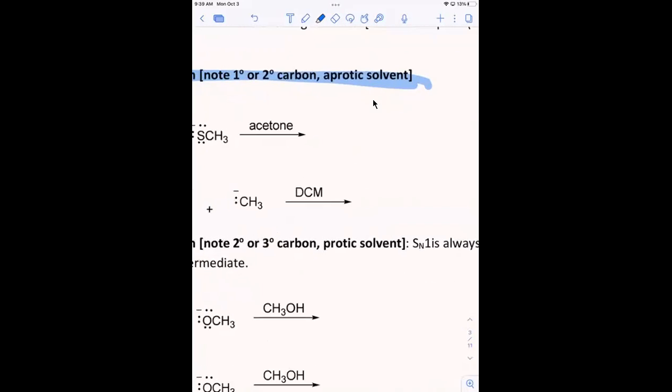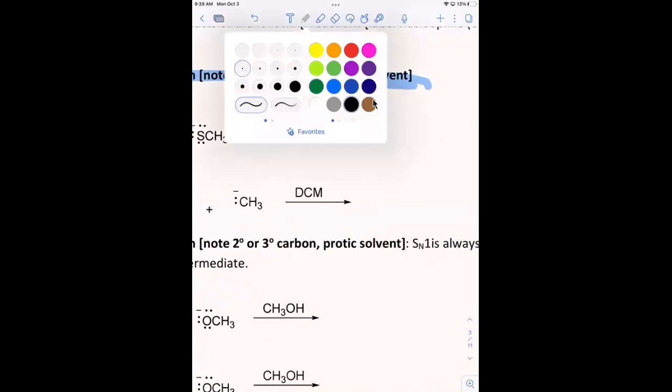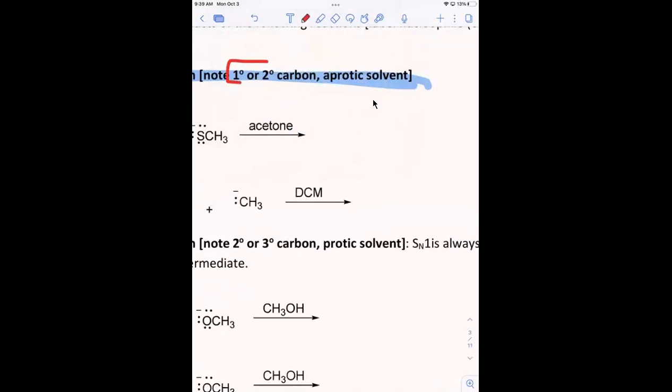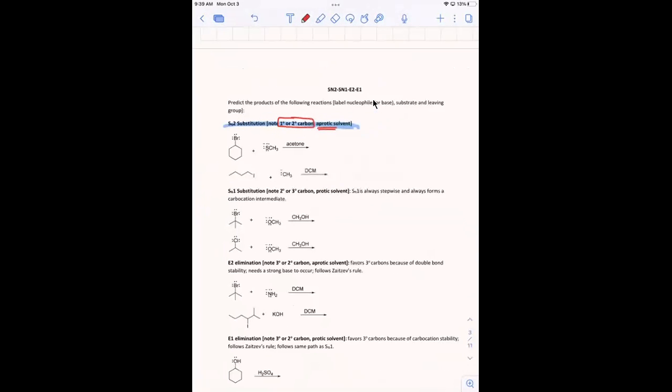This is very important: it's on a primary or a secondary carbon, and the solvent has to be aprotic. We'll talk about those two things using the top example. Again, in the chat I put the handout, and I'm going to upload it again, because there's a list in the handout that has the different types of solvents, protic, aprotic, all of that.